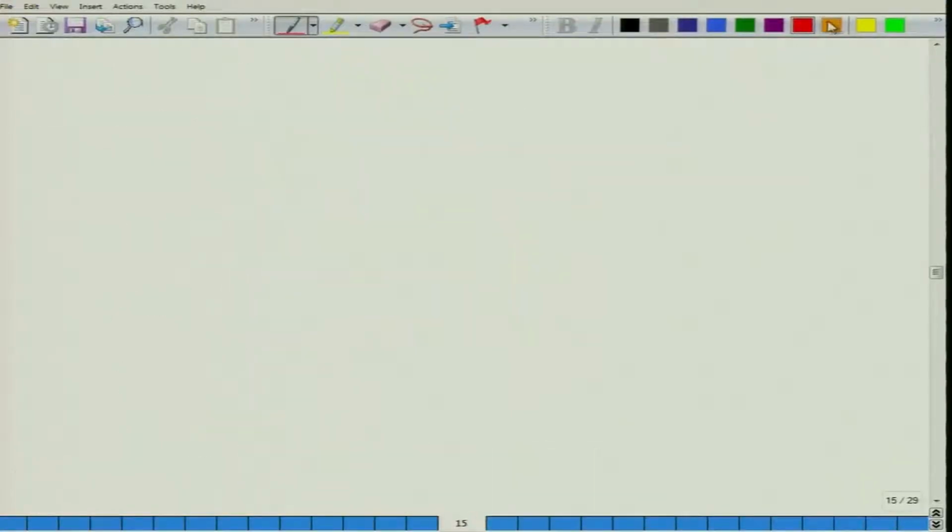Suppose let us consider this to be the first tree. Let us consider these to be the nearest neighbors, or let us remove these. Now the nearest neighbor is this one.